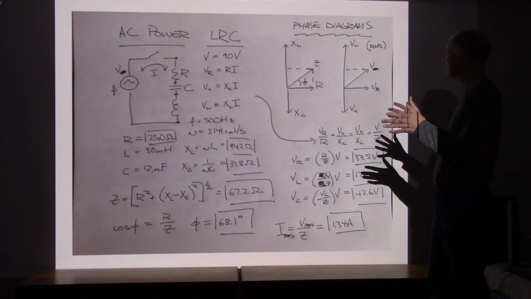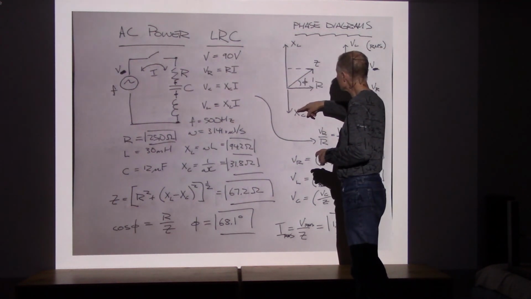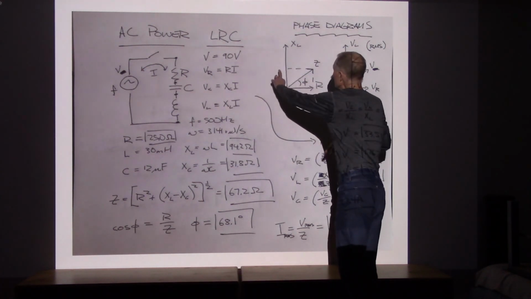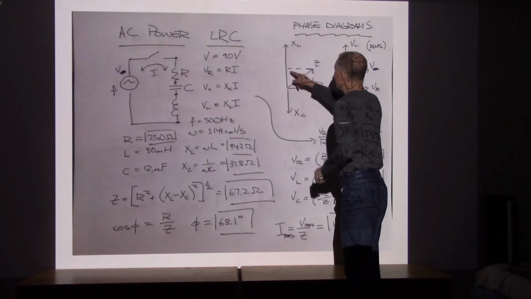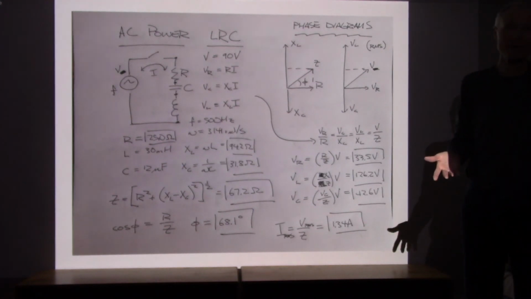I did clearly show that XL is a lot bigger than XC, and that means when I take XL and subtract off XC, I'm going to have this much left over. And that becomes the net reactance.